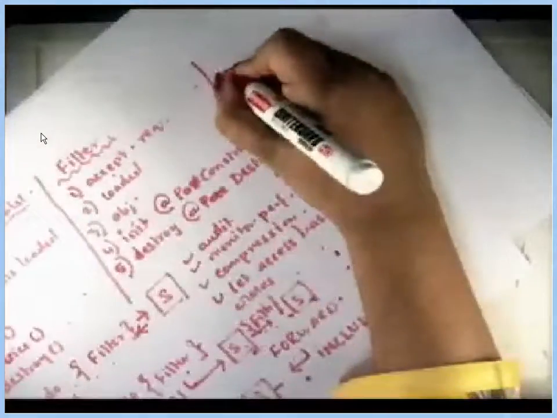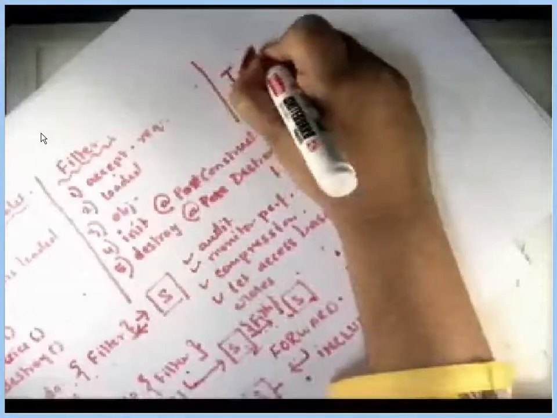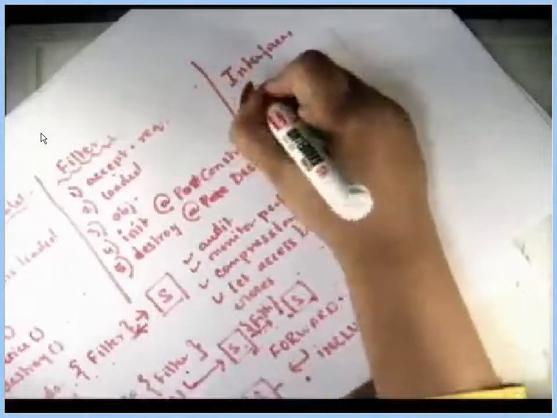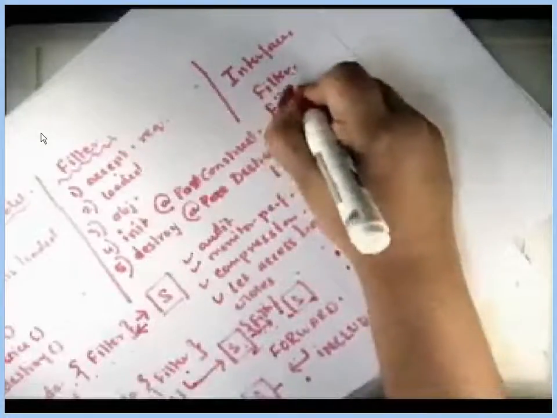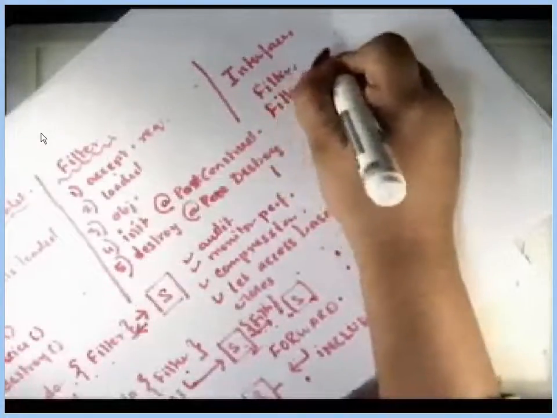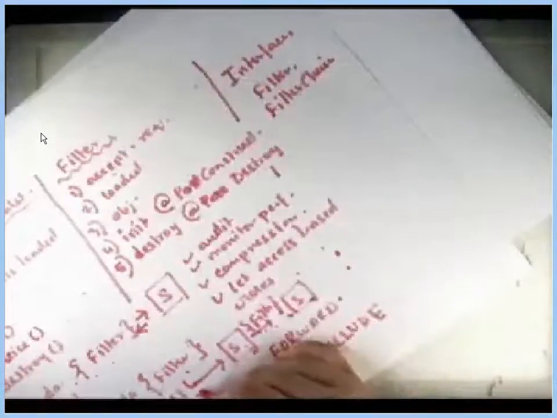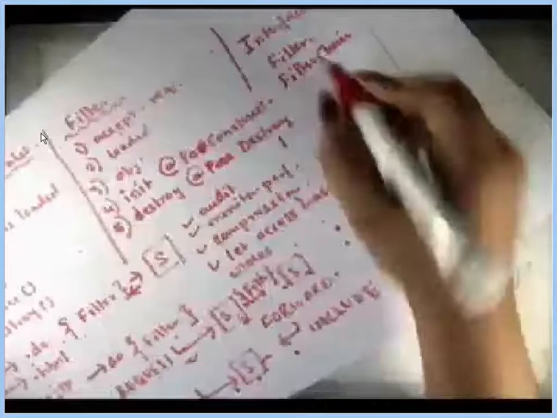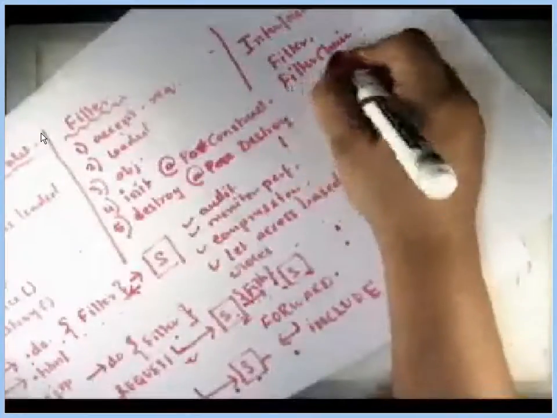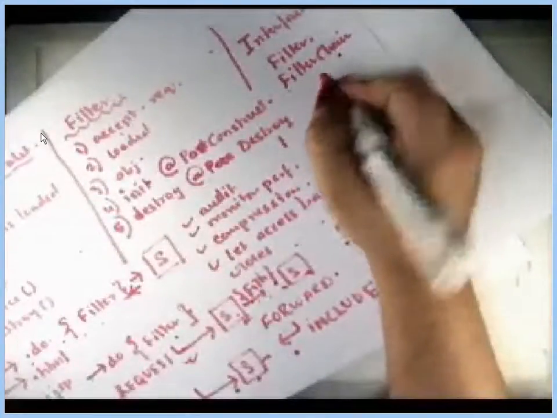In order to create a filter, you have to implement a few interfaces like the Filter interface and FilterChain, which will help me do the chaining, meaning transferring from one servlet to another servlet and things like that. FilterChain will be able to call the next component in the chain.